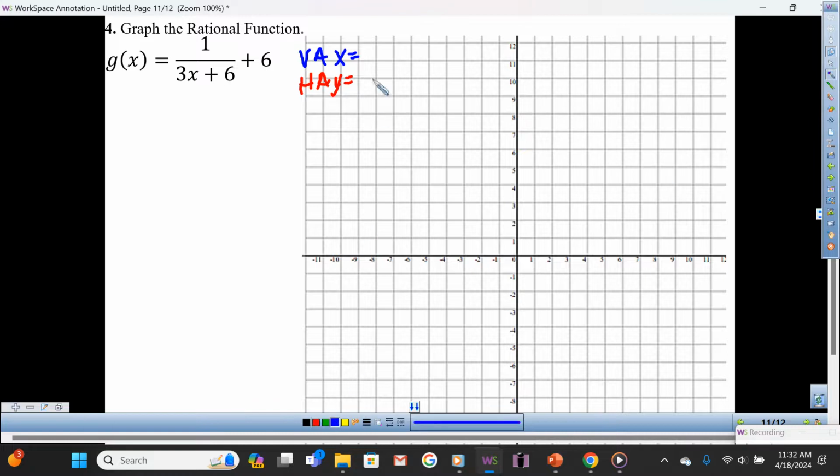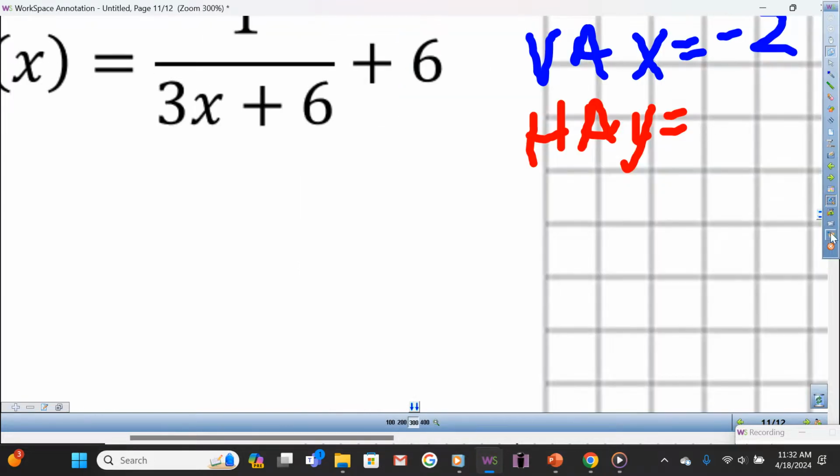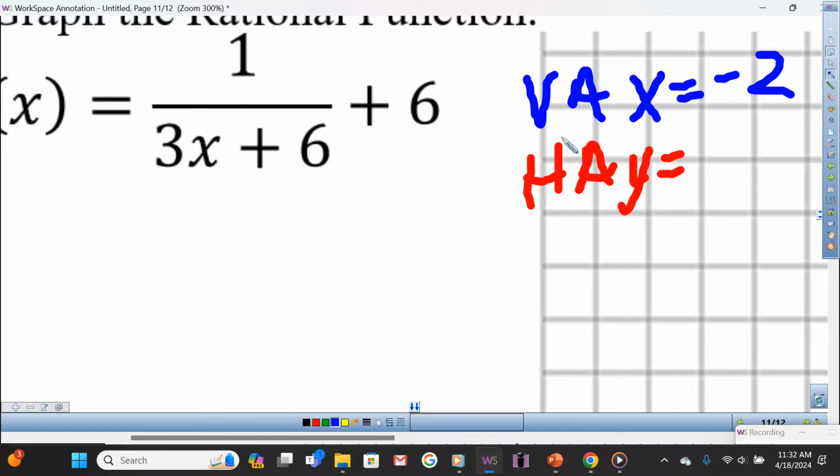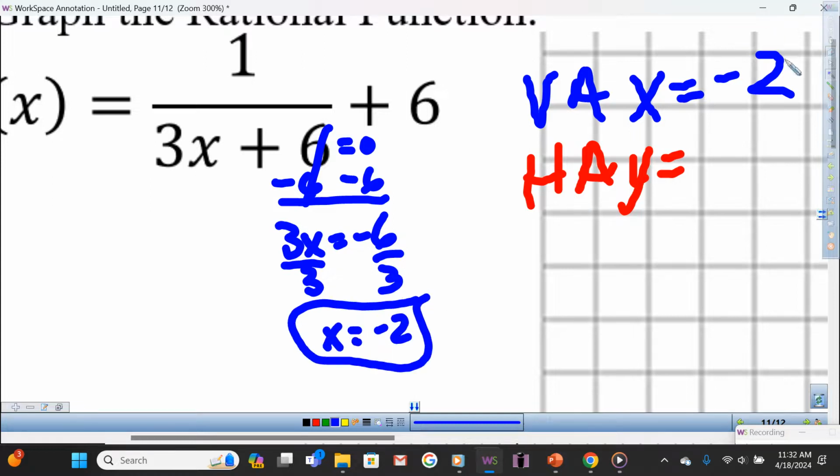Okay. Now, for those of you that forgot, let me zoom in. How did Brandon Felix get -2? Well, he set this equal to 0: 3x plus 6 equals 0, 3x equals -6, divide by 3, x equals -2. That's how we get our VA. And of course, our HA, straightforward from here, that is 6.